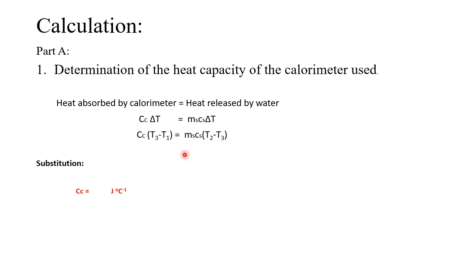You can refer to the values given by Madam. So we can substitute the values and get the heat capacity of the calorimeter. Remember, the unit is joule per degree Celsius. So you try to substitute and get the answer. We are going to discuss next week.